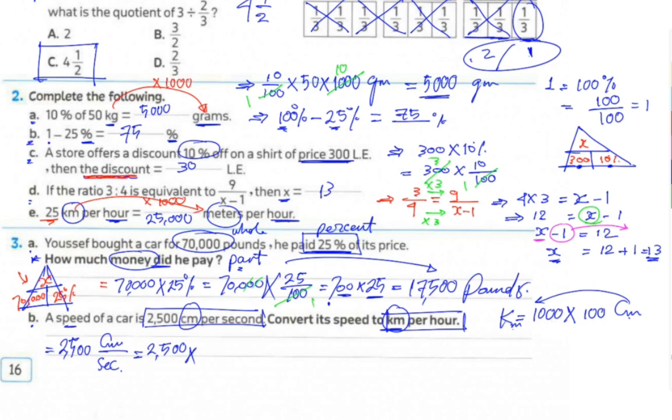So centimeter is the numerator. I need to divide it by 1,000 and 100. So to convert the centimeter numerator, divide by 100 times 1,000. And second to hour, the same. An hour equals 60 minutes, and every minute is 60 seconds.